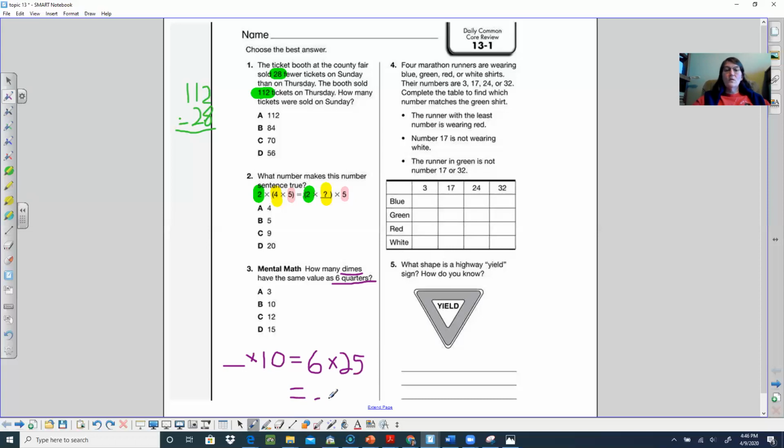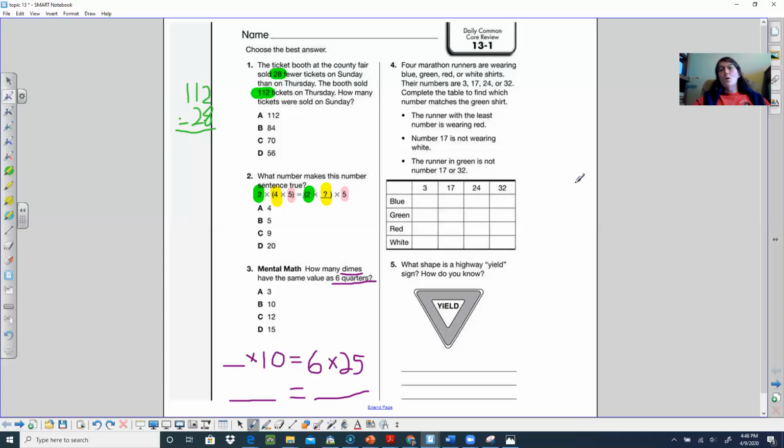So I want you to figure out what that grand total is. It's going to be between 100 and 200, halfway in between. And then I want you to think, what would you multiply 10 by to get the same thing on both sides? And you have to decide, is it 3, 10, 12, or 15? So I'm not going to give you much more than that one.